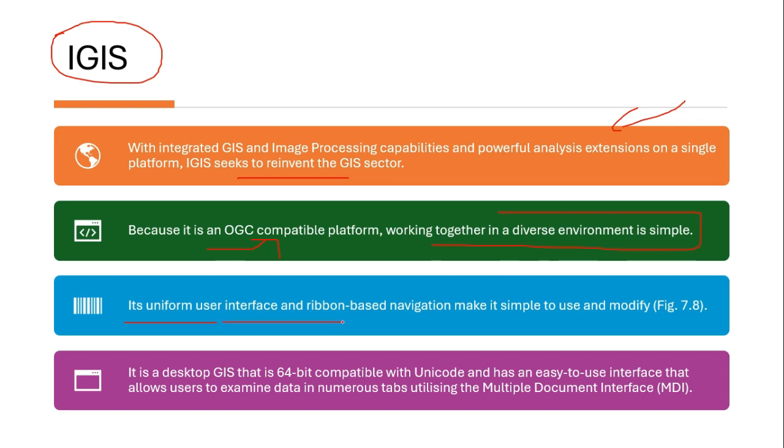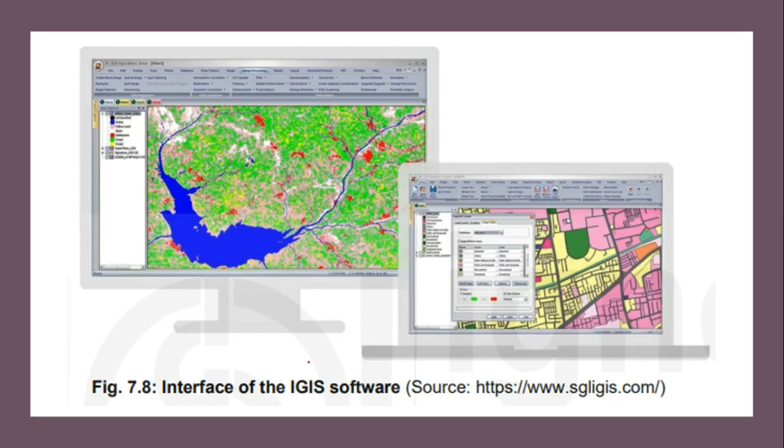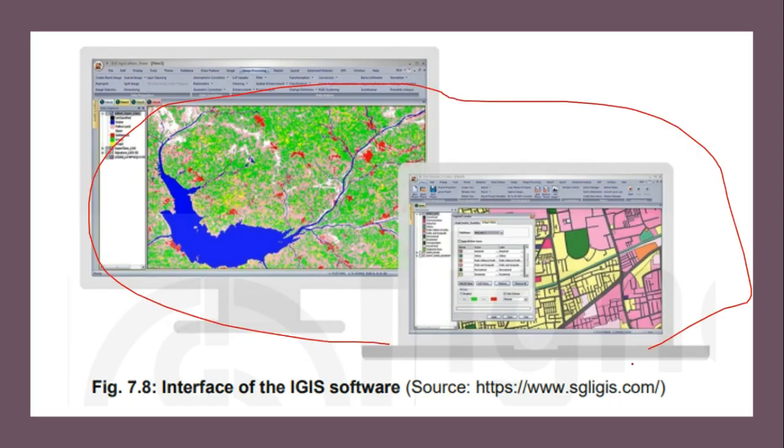Its uniform user interface and ribbon-based navigation make it simple to use and modify. It is a desktop GIS that is 64-bit compatible with Unicode and has an easy-to-use interface that allows users to examine data in numerous tabs that utilize the multiple document interface. So this is the interface of the IGIS software. It is developed by SGL company.